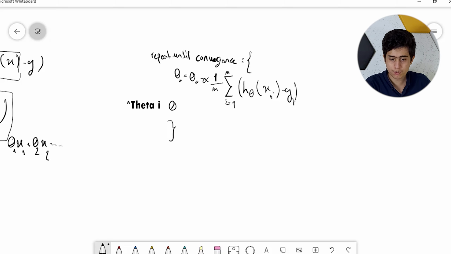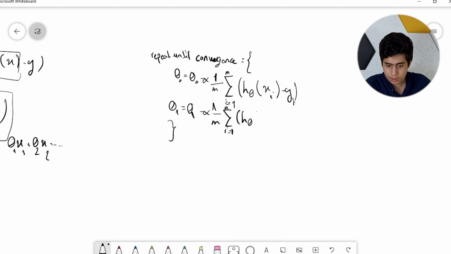And for theta 1, we'll have theta 1 is equal to theta 1 minus alpha times 1 over m, the sum from i equals 1 to m of the hypothesis h theta of xi minus yi, multiplied by xi.